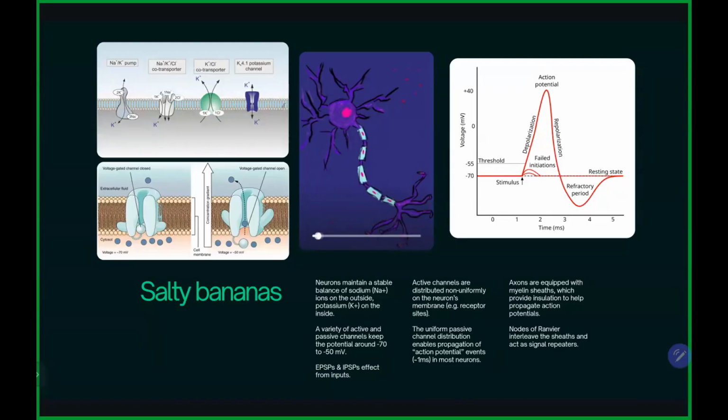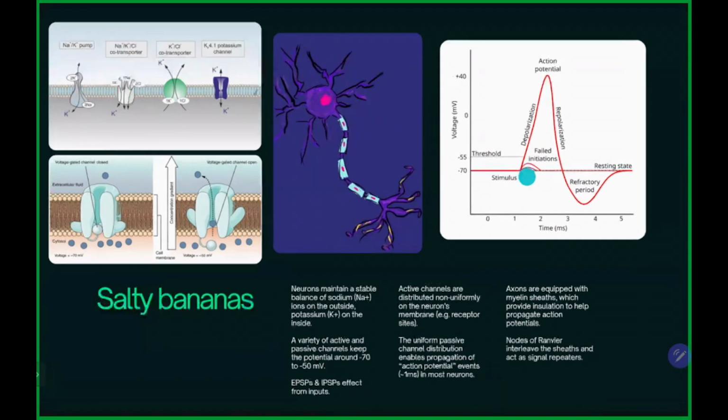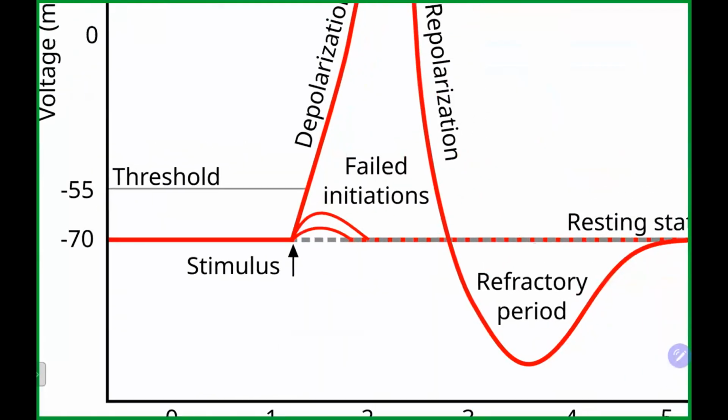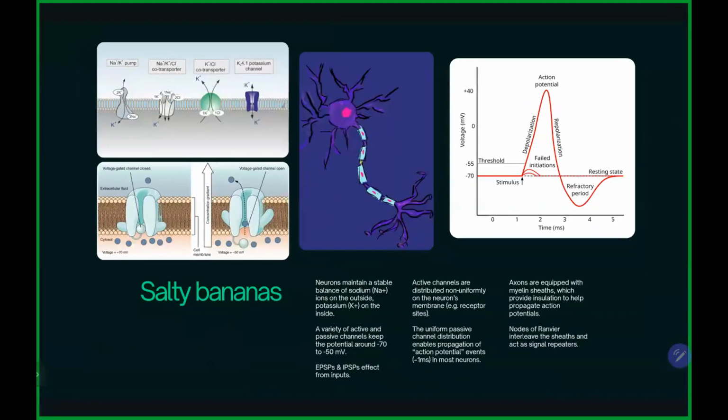And you can see here, you get stimuli. So here are a couple of excitatory stimuli. That would be something like glutamate, increases the voltage. And if it's enough of an increase in the voltage, you have this cascade effect where the voltage-gated sodium channels on the membrane will open, and then sodium will flow in very quickly.